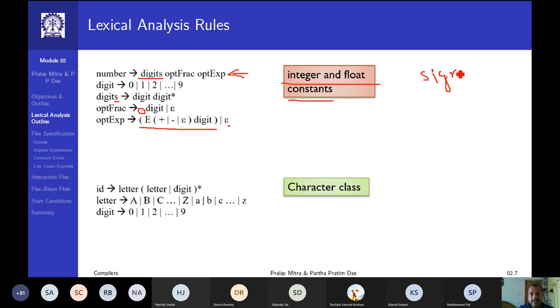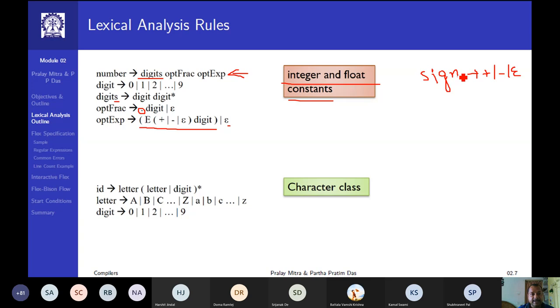So here you can include a sign by writing sign, and with the convention of the rule, sign derives to plus or minus or epsilon. In some conventions it is also marked as sign followed by a question mark.